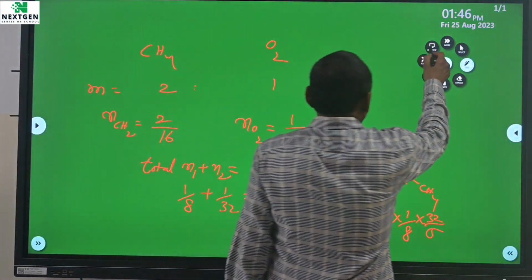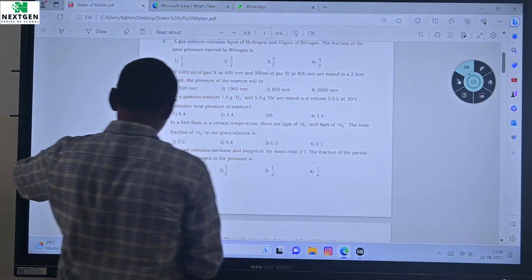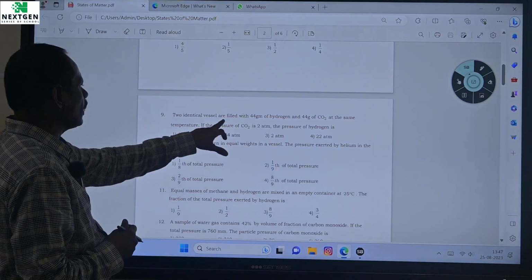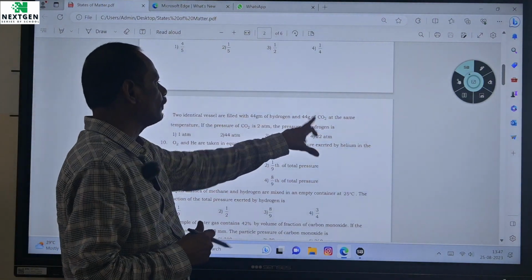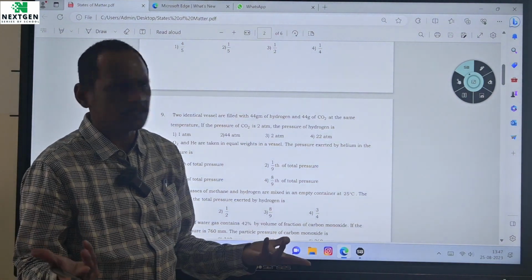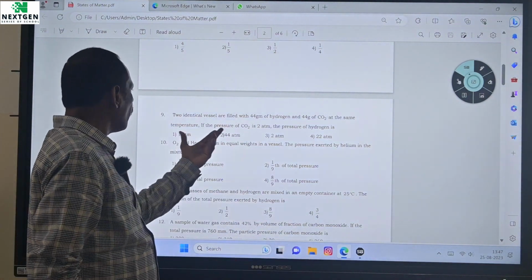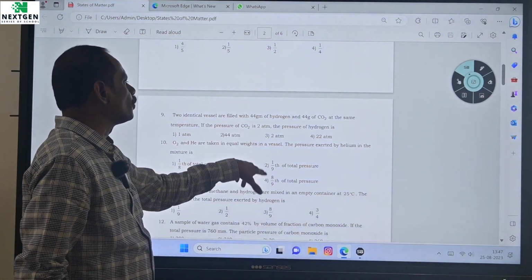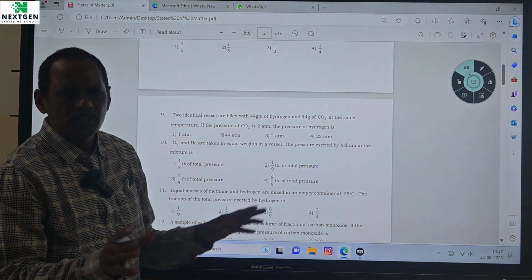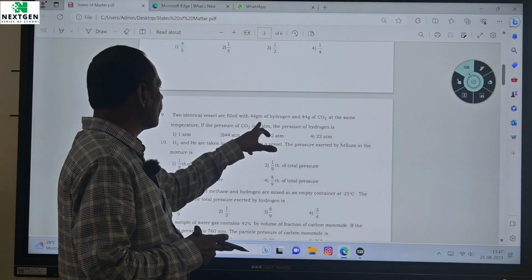Yes. Coming to the next one. Two identical vessels are filled with 44 grams of hydrogen and 44 grams of oxygen, equal masses. It's nothing but the first question. If the partial pressure of CO2 is 2 atmosphere, find the partial pressure of hydrogen. Just equal weights are taken.